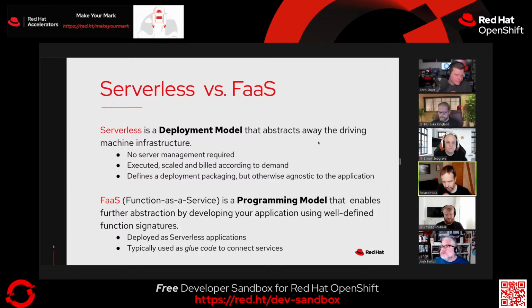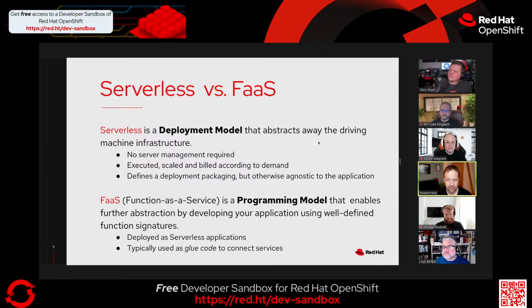On the other hand, there's functions as a service, which is a programming model which builds on top of serverless. So functions get deployed with a serverless model, but it allows you to have a higher level abstraction for how you create your application.